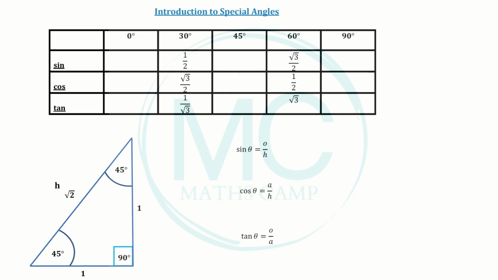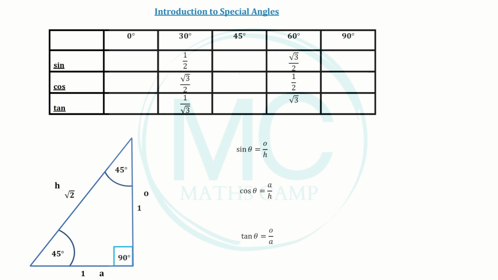We're going to focus on the angle at the bottom of the triangle, which means that this is now our opposite side, and this is the adjacent side. We now have a hypotenuse, which is root 2 units long, an opposite side, which is 1 unit long, and an adjacent side, which is also 1 unit long.